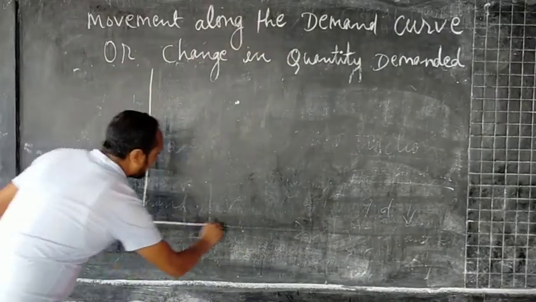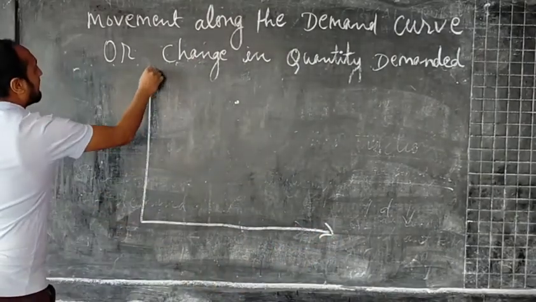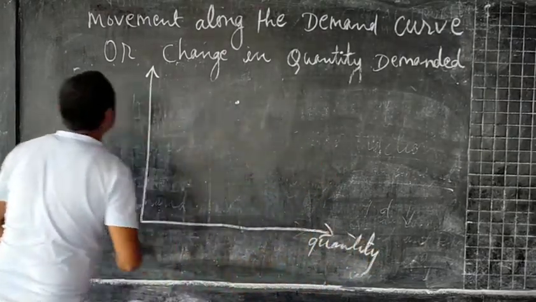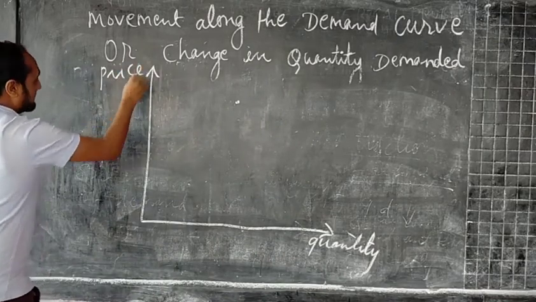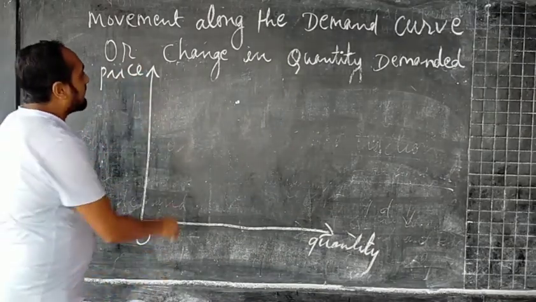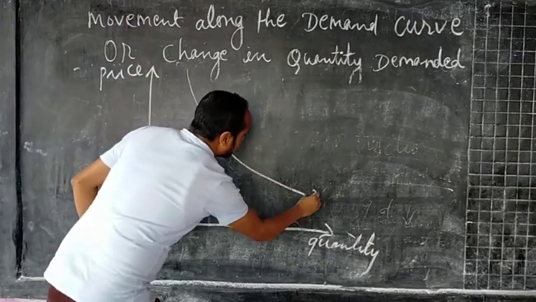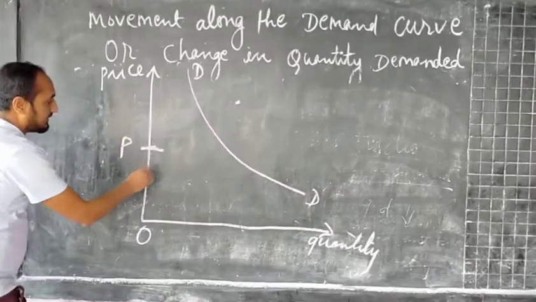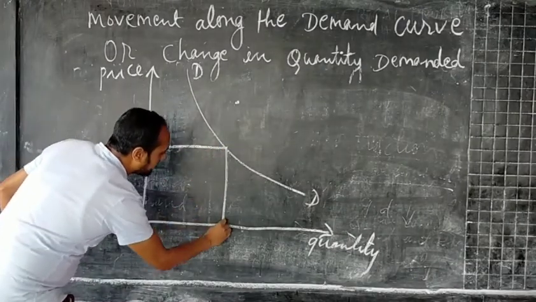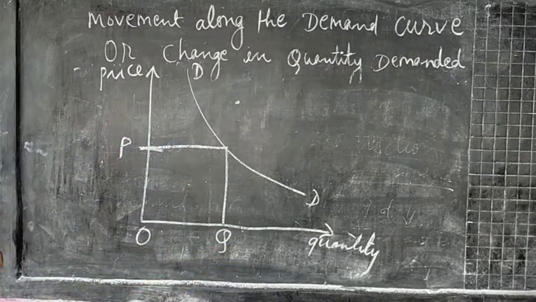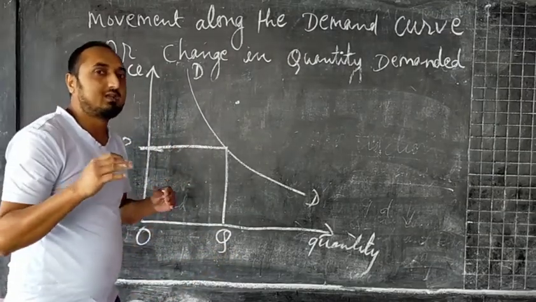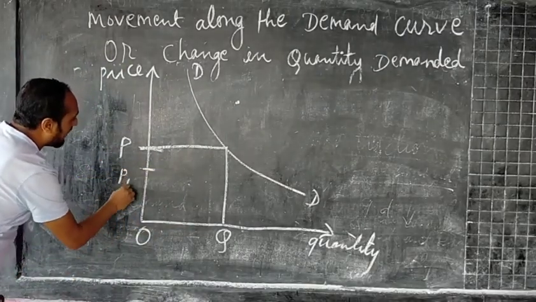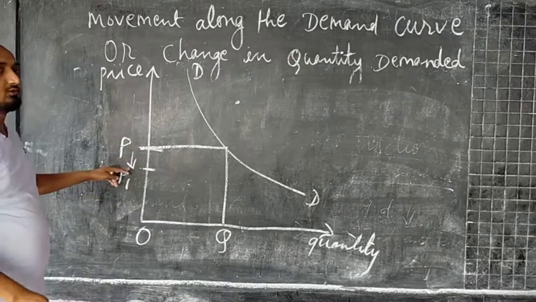First I am going to explain extension of demand with the help of a diagram. Similarly, we will draw an x-axis and a y-axis. On the x-axis we will measure the quantity and on the y-axis the price. This is our origin, and the demand curve is downward sloping. Consider the initial price P, at which the quantity demanded is Q. Now if the price decreases from P to P1, this downward arrow shows the decrease in price.